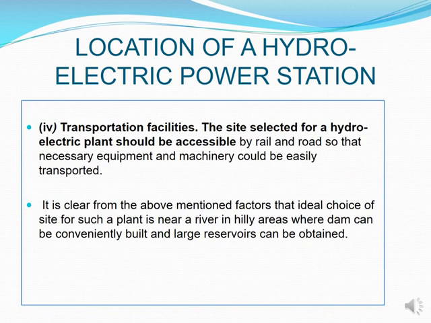For transportation, we want the site to be accessible either by rail or road so that the necessary equipment and machinery can easily be transported. From these, it's quite clear that the ideal factors for your choice of site are to be near a river and on hilly areas where dams can be conveniently built and large reservoirs can be obtained.